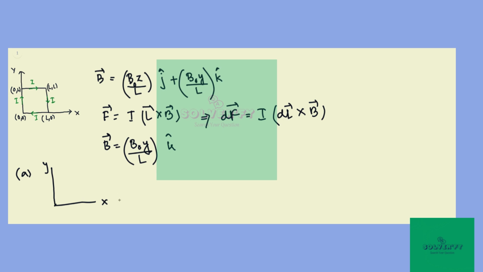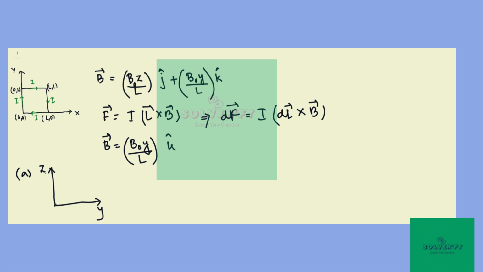So we are going to use the y and z axis, because those are the only components contributing to the magnetic field here. Z is the direction and y is the distance with which the magnitude of the magnetic field changes. And we see that the magnetic field B varies linearly with y.